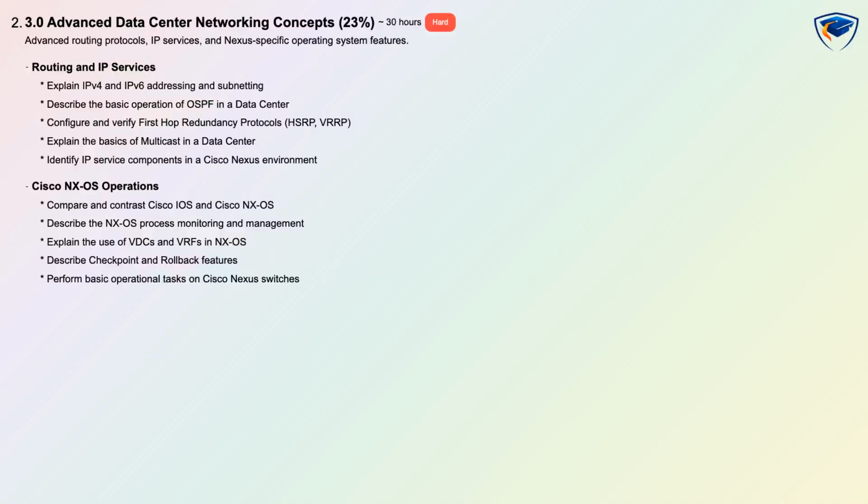You will practice configuring and verifying first-hop redundancy protocols like HSRP and VRRP, understand multicast fundamentals, and master NX-OS operations including comparisons to IOS, process monitoring, VDCs and VRFs, checkpoint and rollback, and routine operational tasks on Nexus switches.